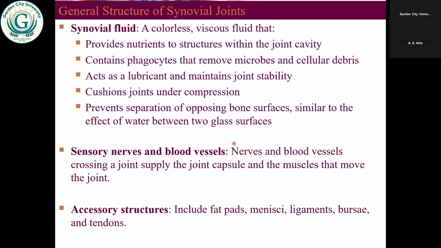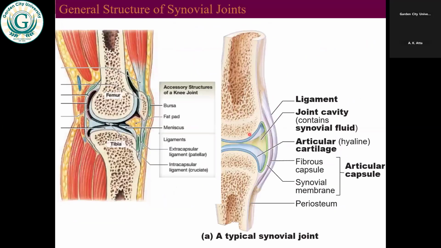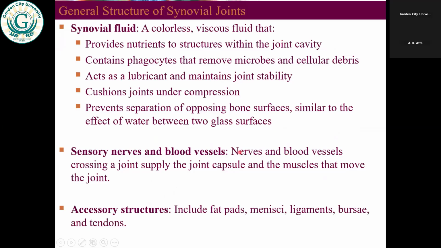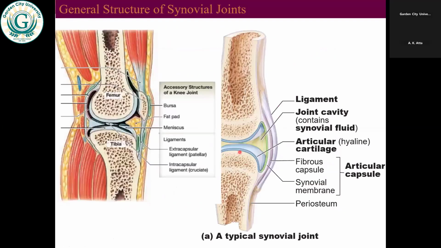So you realize that with time, this articular cartilage, which is made up of hyaline, will wear out, so that the bones will begin to rub against each other. Not completely, but you see that most of the part is worn out. So that will give that condition that we call osteoarthritis. Okay, so that's what a typical synovial joint will have.